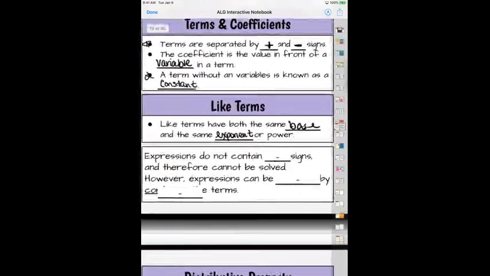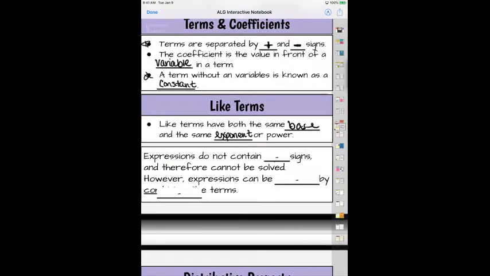The last bullet point on here is going to be expressions do not contain equal signs and therefore cannot be solved. However, expressions can be simplified by combining like terms.